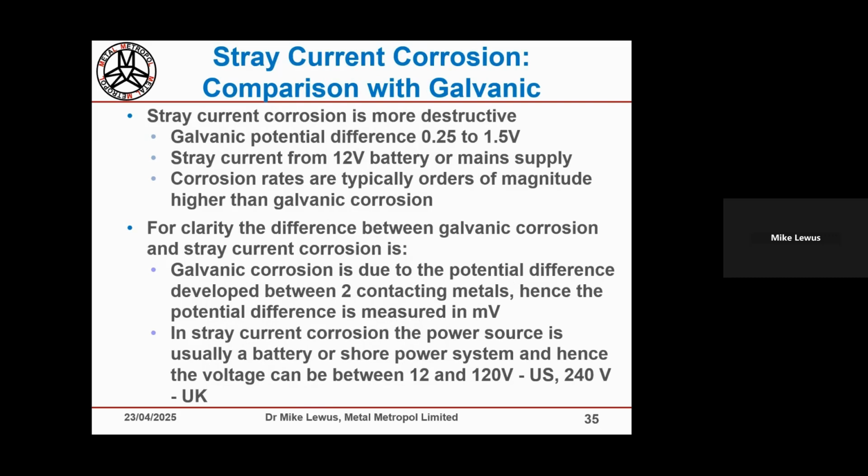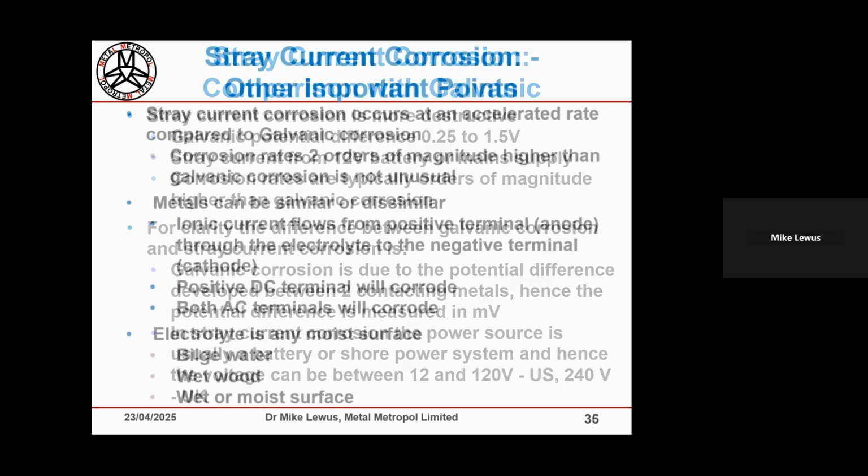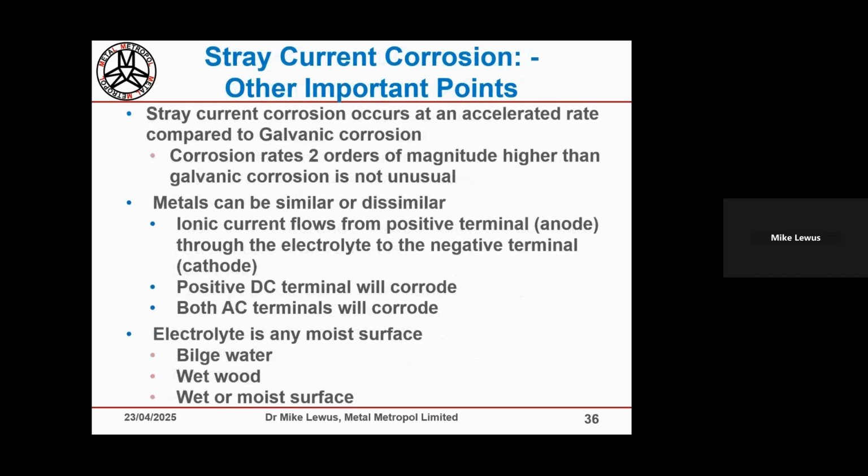I'll come on to the differences between AC and DC shortly. But this difference means that when stray current corrosion occurs, the corrosion rate is likely to be orders of magnitude higher than galvanic corrosion. I mentioned here two orders of magnitude.